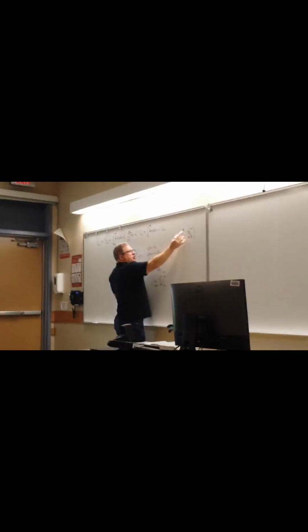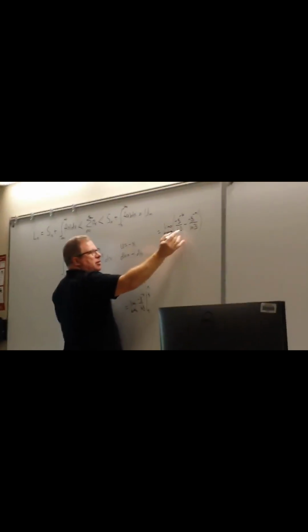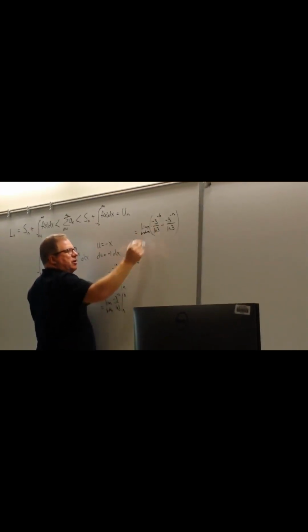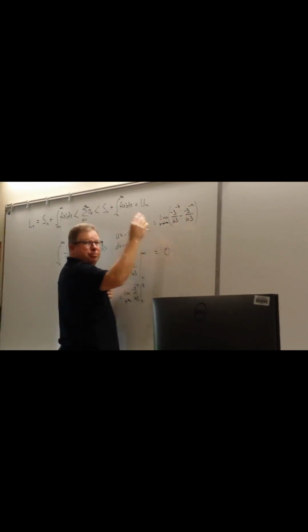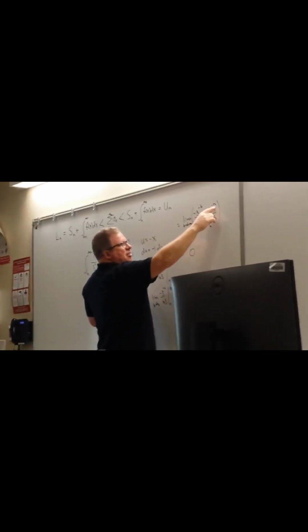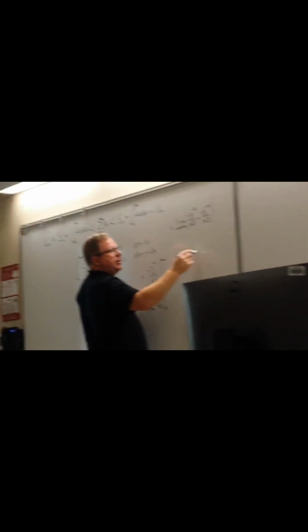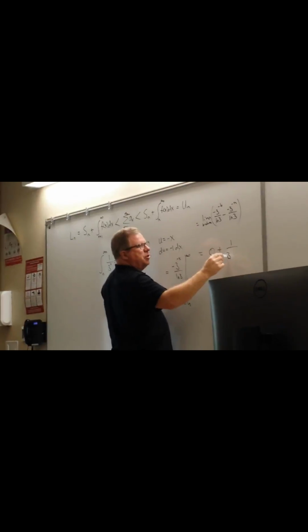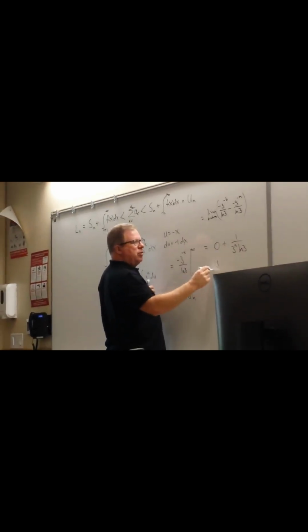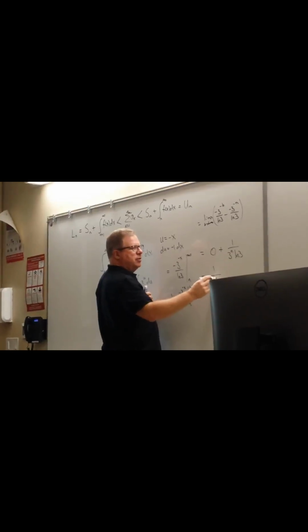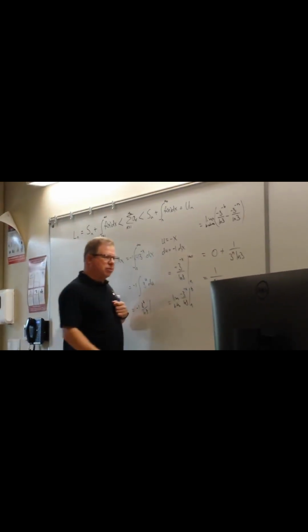Perfect. That exponent is negative, which moves this to the denominator. As this goes to infinity, that goes to 0. And now we have two negatives here, which makes it positive. And this is 3 to the negative n, so I'm going to write this as 1 over 3 to the positive n, ln 3. So we get 1 over 3 to the n, ln 3.